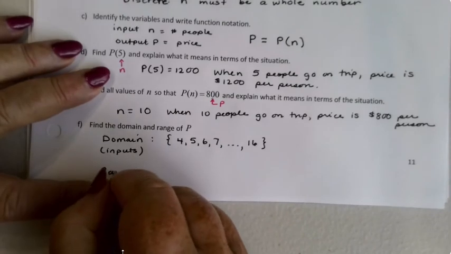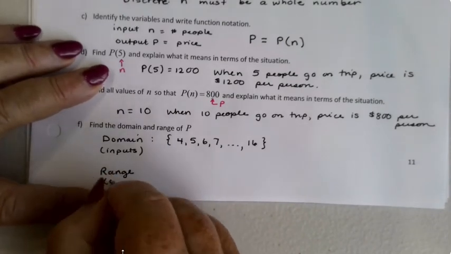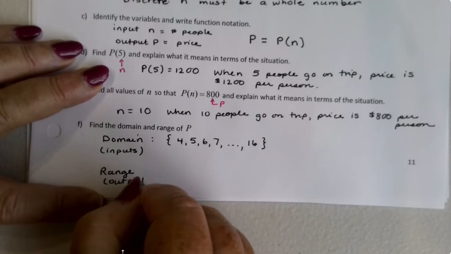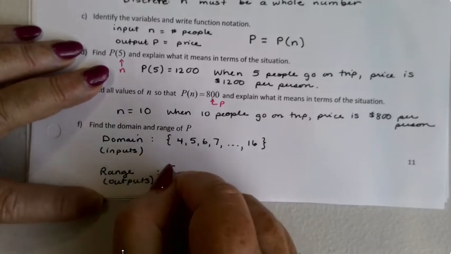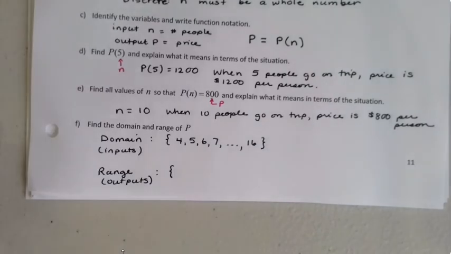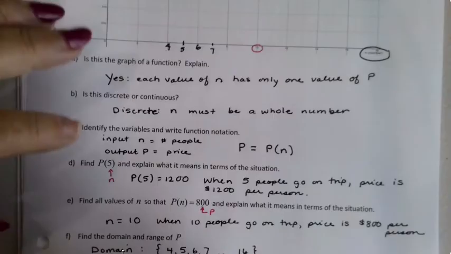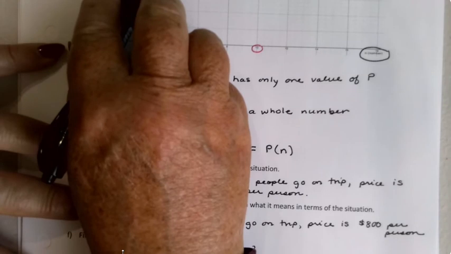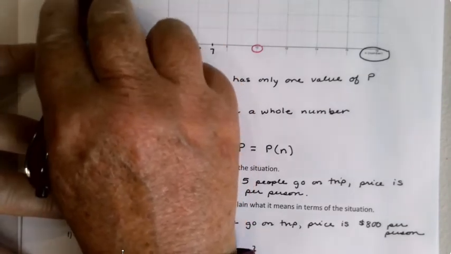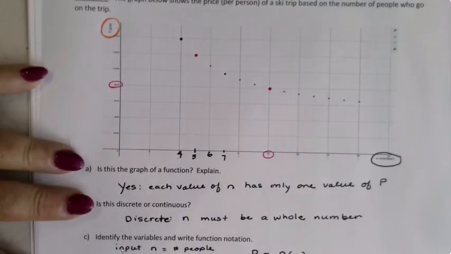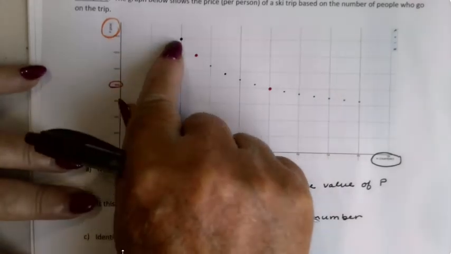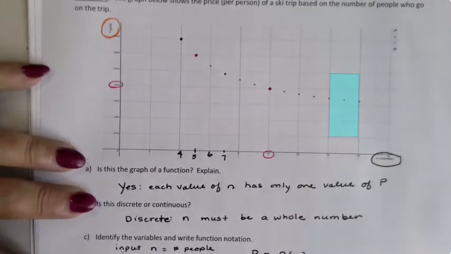All right, what about my range? These are my outputs. And let's see here. It looks like the largest value is up here at 1,400. Oops, sorry, you can't see that. Up here at 1,400 is the most per person that they would have to pay.